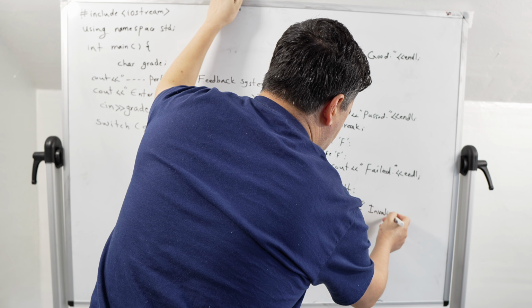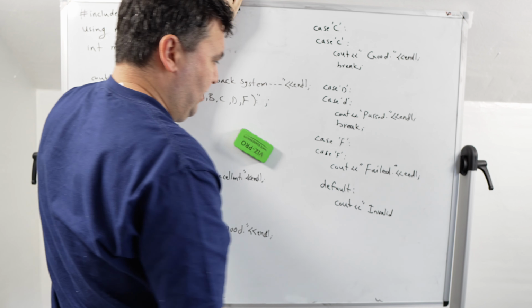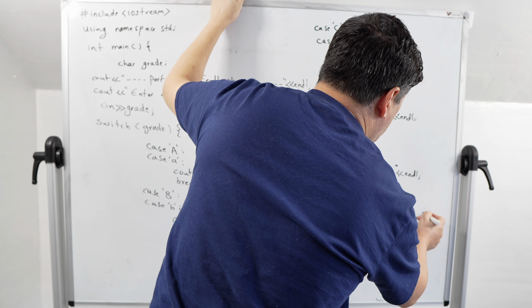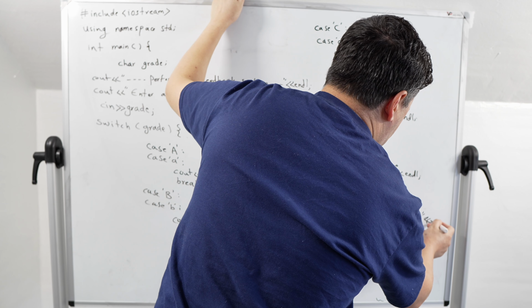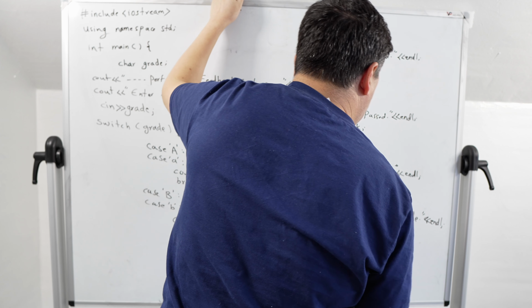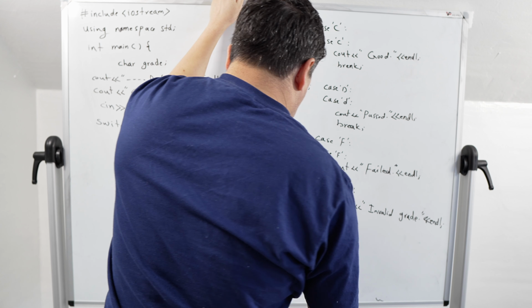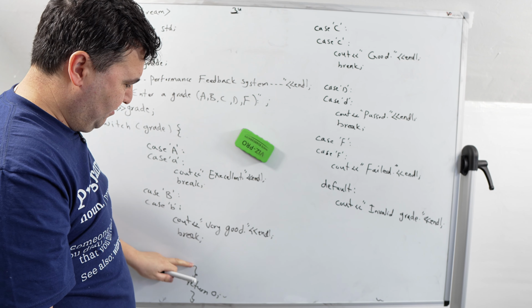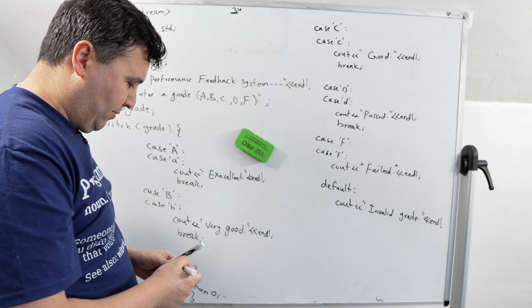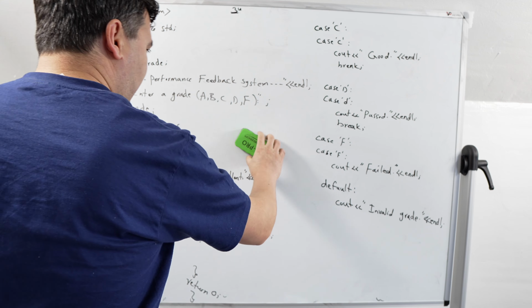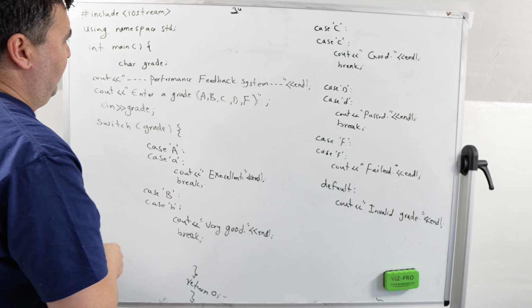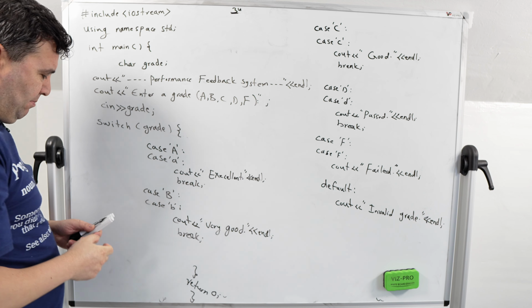It's better to say invalid grade instead of invalid character. And then we have endl, and our break statement, and we close the block. So this is a performance feedback system in C++.